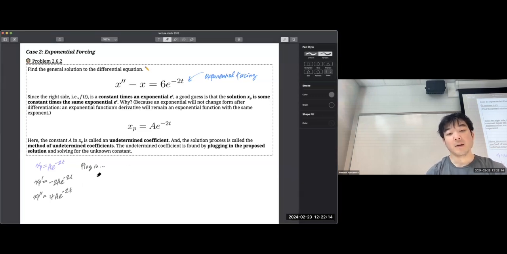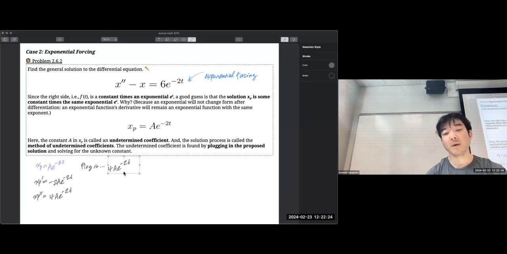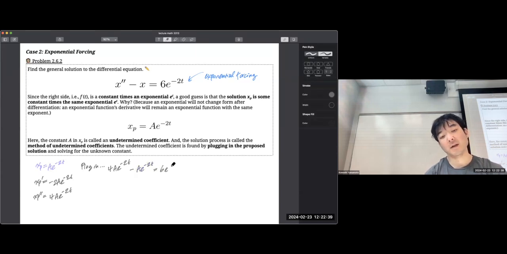And then this is my double prime term, minus... actually it's just x here. So I'll just do minus this one. So it skips the x prime term. And then this is supposed to equal 6 e to the negative 2t.